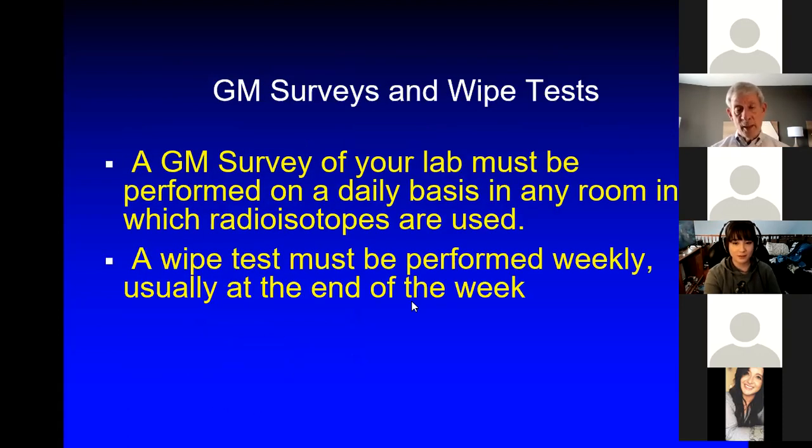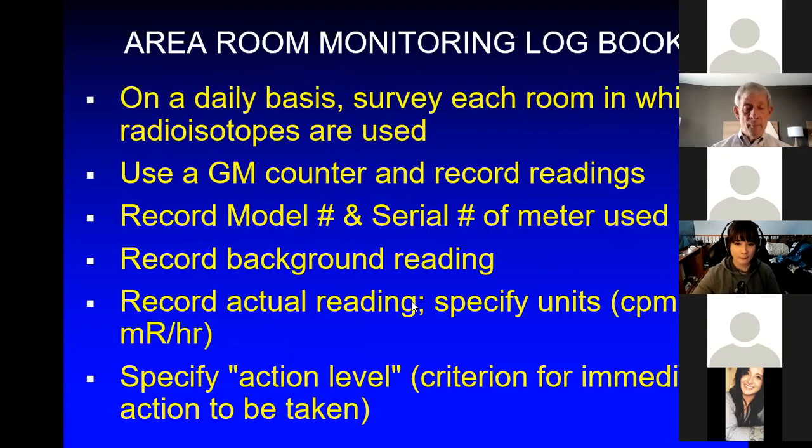Now, the GM survey, and this just has the answers daily and weekly. The GM survey, they want you to record which Geiger-Müller counter you use, what's the make, model, serial number, what units are you reading? Are there going to be counts per minute, disintegrations per minute, mR per hour? And most important, they want an action level. When are you going to clean up a spill?